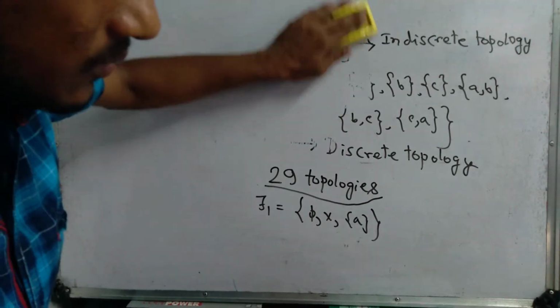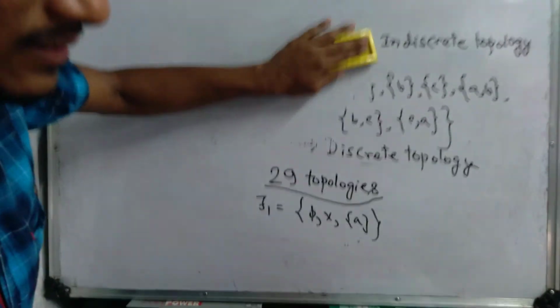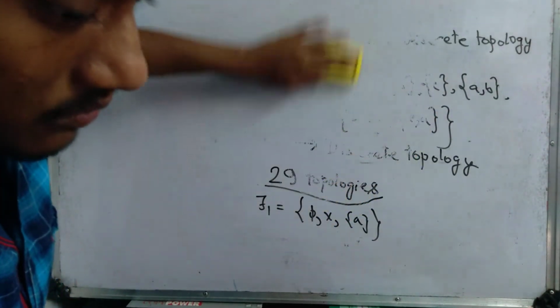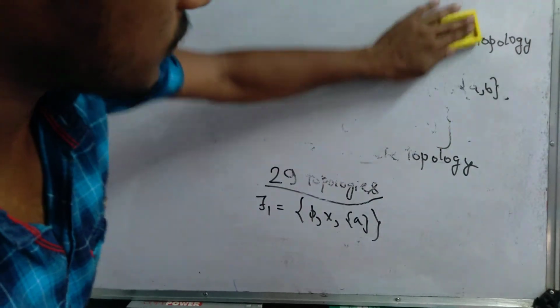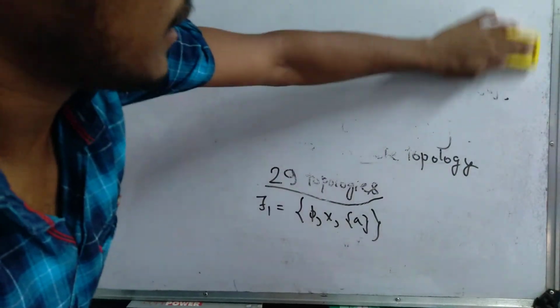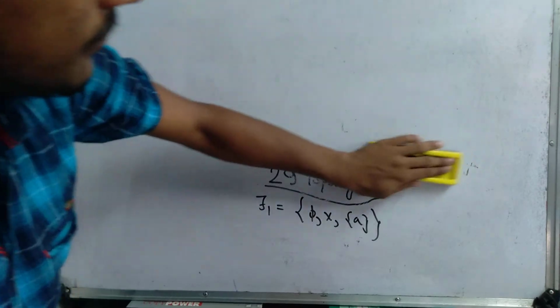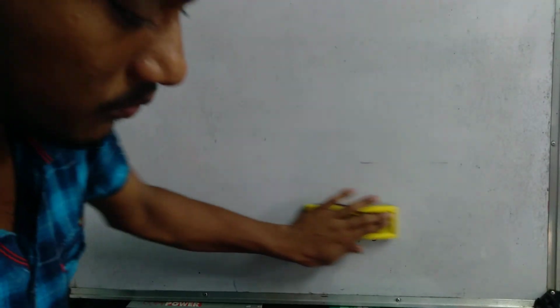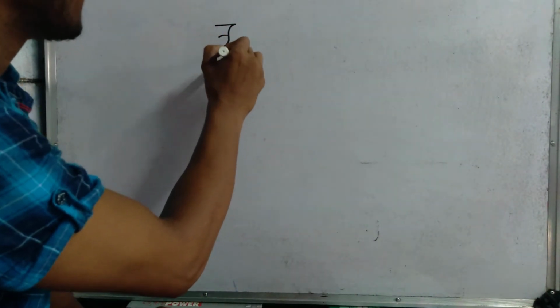Next we discuss the finite complement topology. This is a very interesting topology. We denote it by tau f.